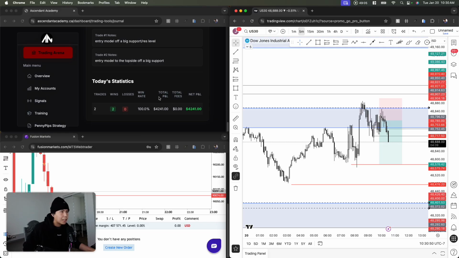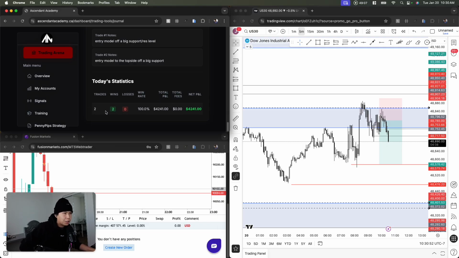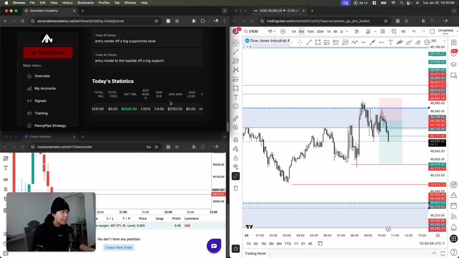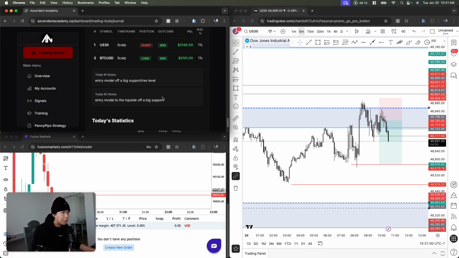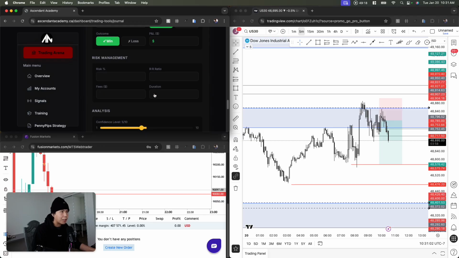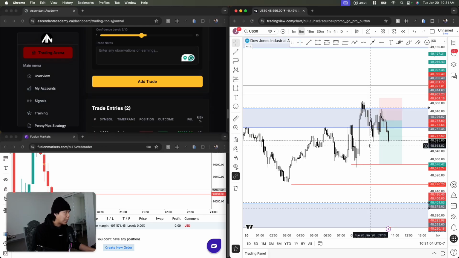So today's stats were 2 trades, 2 wins, 100% win rate, net P&L of $4,241. And I was pretty confident with these trades because they both played exactly to my entry model. I was just kind of hoping for an impulsive move up on the Bitcoin trade, like US 30 is showing an impulsive move.